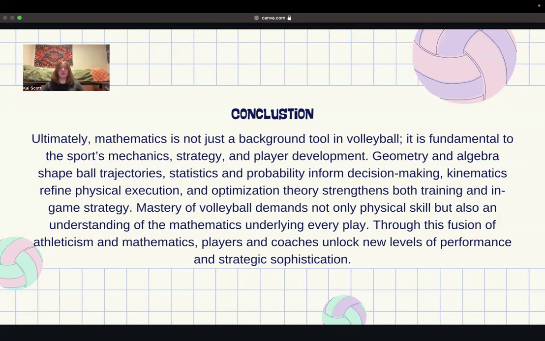Mastery of volleyball demands not only physical skill, but also an understanding of the mathematics underlying every play. Through this fusion of athleticism and mathematics, players and coaches unlock new levels of performance and strategic sophistication.